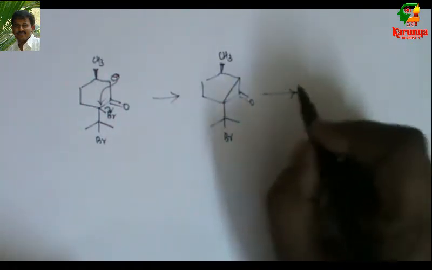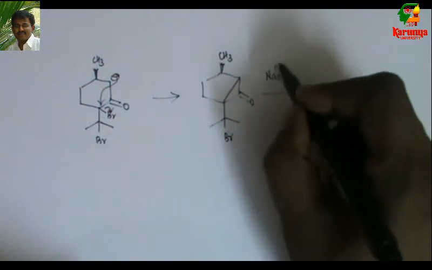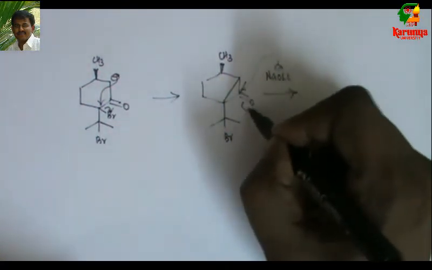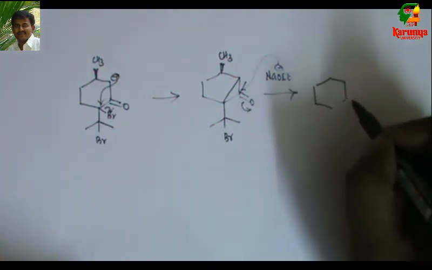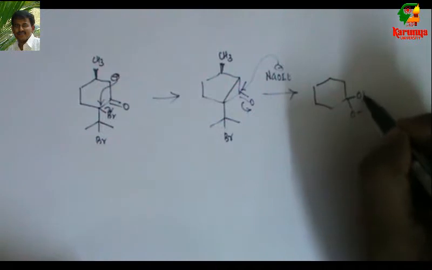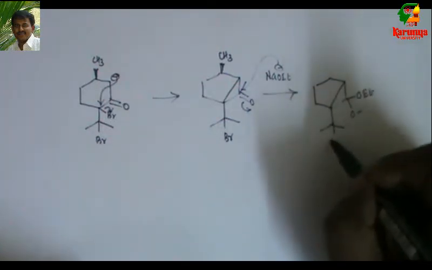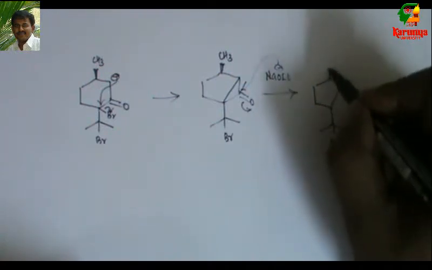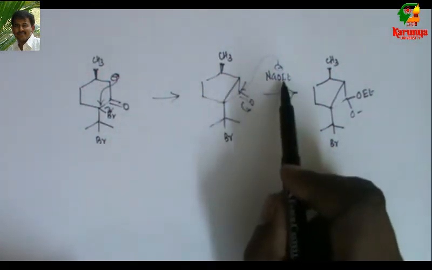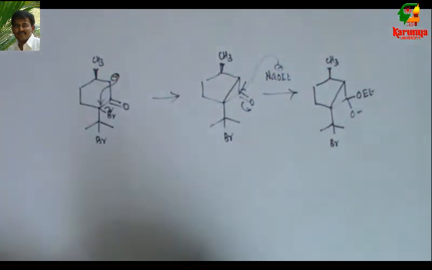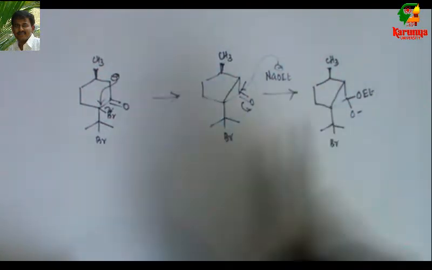Now, sodium ethoxide attacks this carbonyl to give another intermediate. If you observe, in the first step, sodium ethoxide acted as base, but in this, it acts as nucleophile.